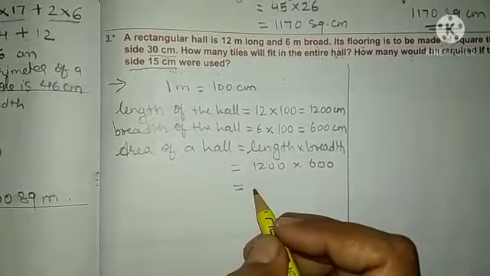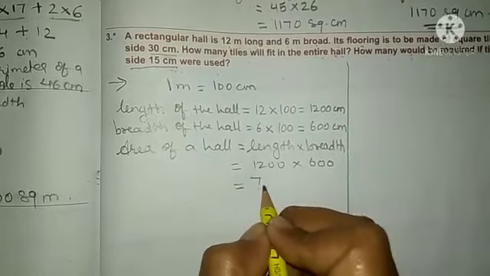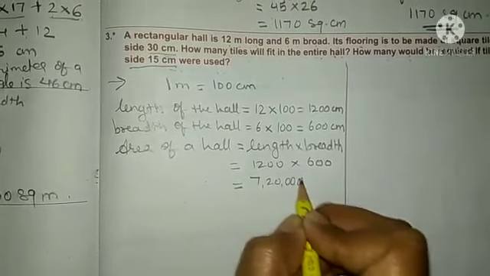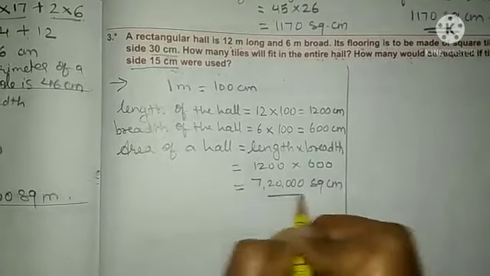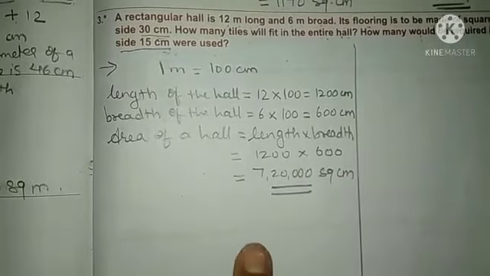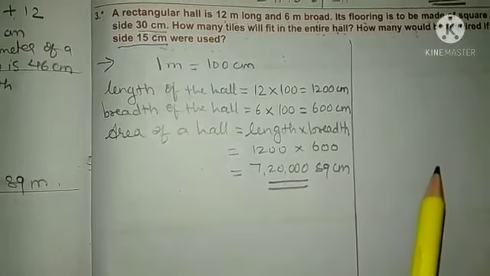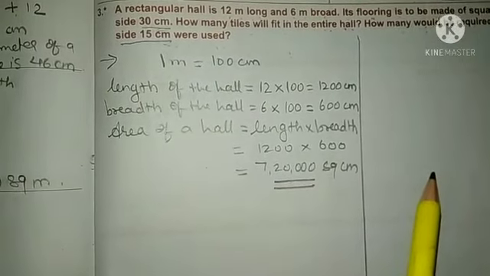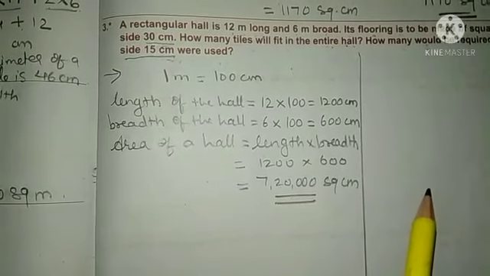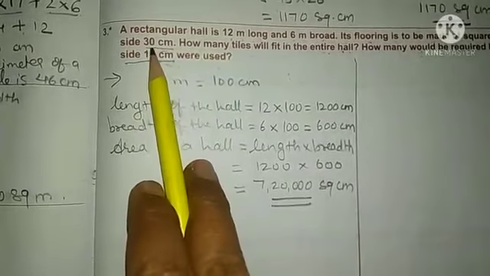So what you will get if you multiply? You will get 7,20,000 square centimeter. Clear? So the area of the hall is 7,20,000 square centimeter. Understood?